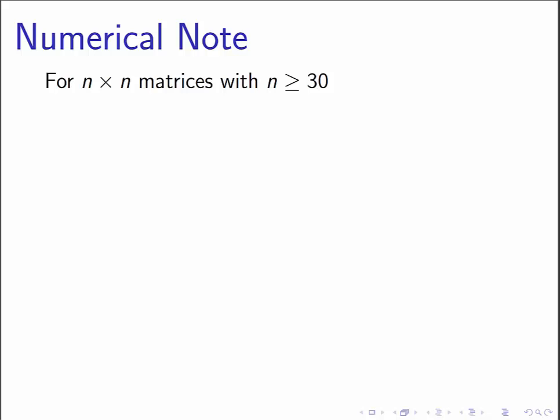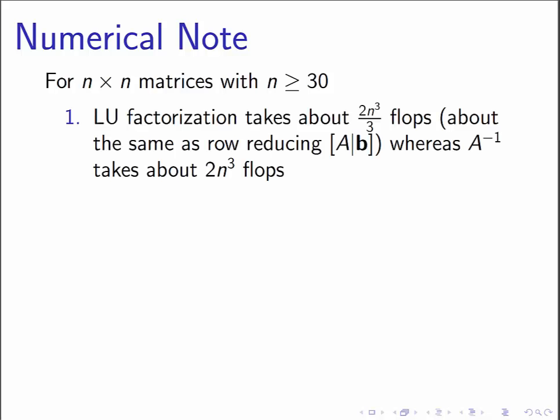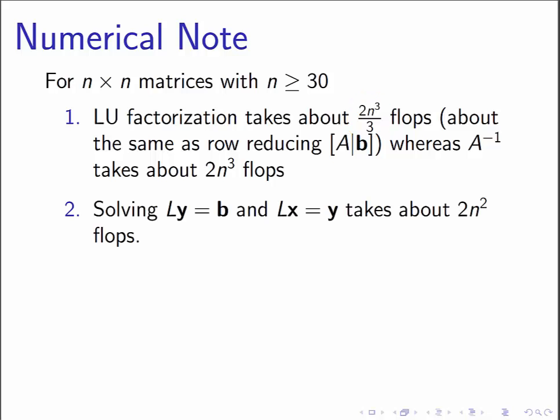But when you look at a matrix with more than 30 rows and columns, an LU factorization takes about 2n cubed over 3 floating point operations, which is about the same as is required to reduce an augmented matrix to reduced row echelon form, whereas A inverse takes about 2n cubed. What I want you to notice is that LU factorization takes about 1/3 the computation that is required to find A inverse.